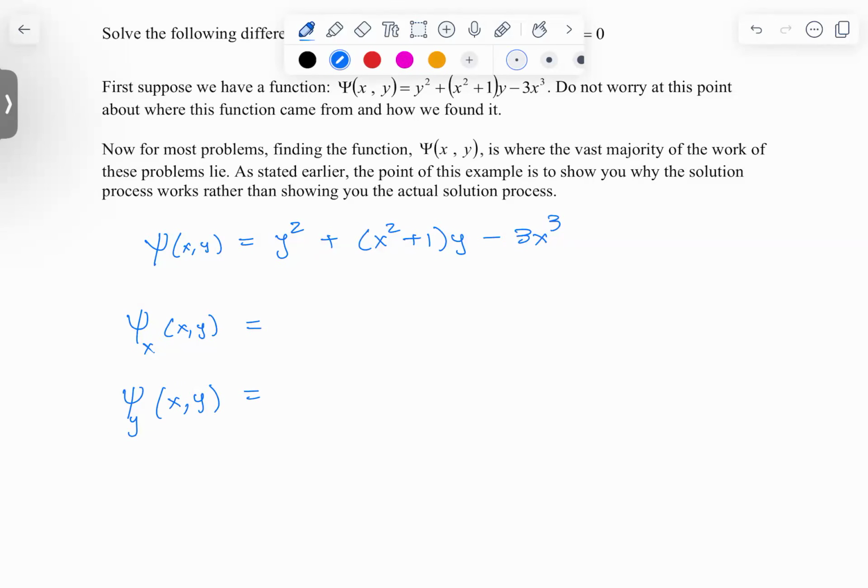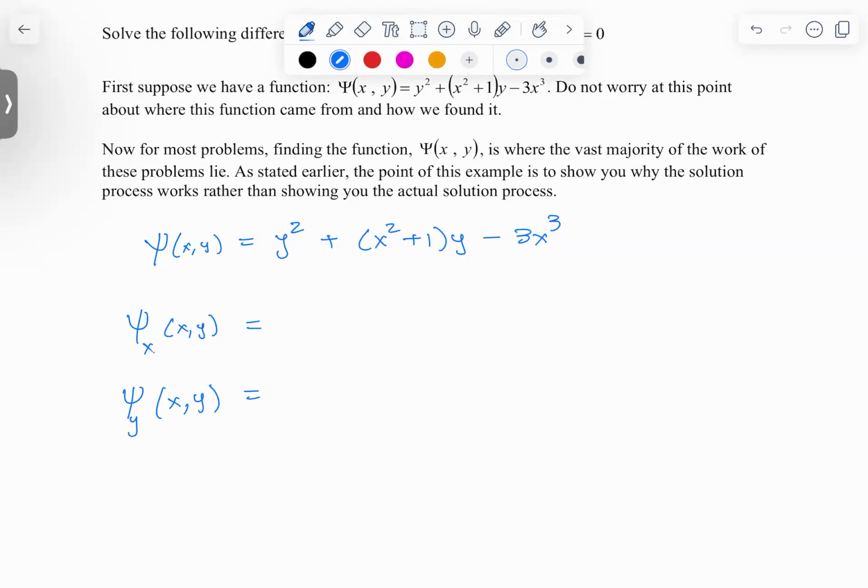So psi with respect to x. What's the derivative of y squared with respect to x? It is now a constant, so we've got to remember our partials here. That goes away. What about x squared plus 1 times y? Almost. 2xy. That one stays, because y is the constant.